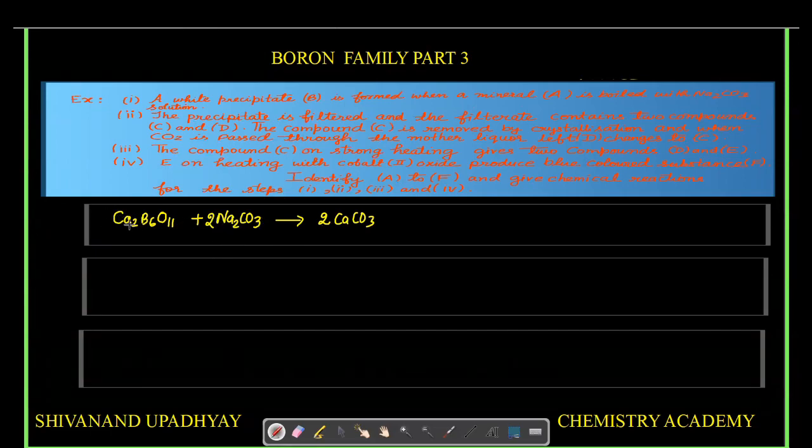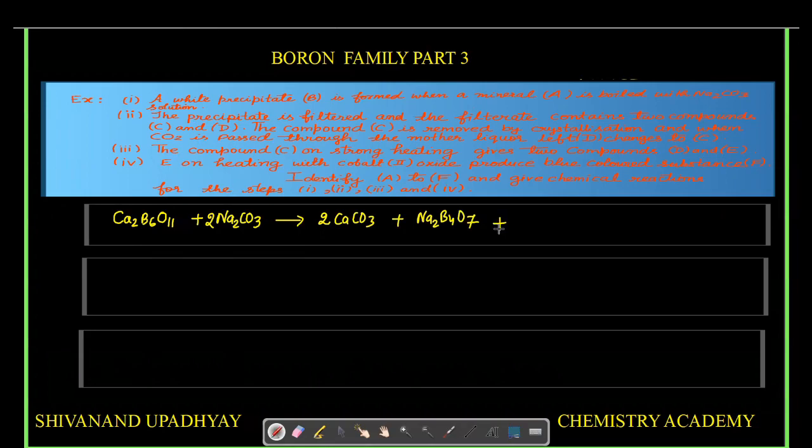Now we can understand that Ca2B6O11 in aqueous medium exists as 2 molecules of boric acid and 4 molecules of tetrahedral unit, right? So 2 molecules of boric acid and 4 molecules of tetrahedral unit will combine to form borax, right? So I can write here that there is a formation of Na2B4O7.